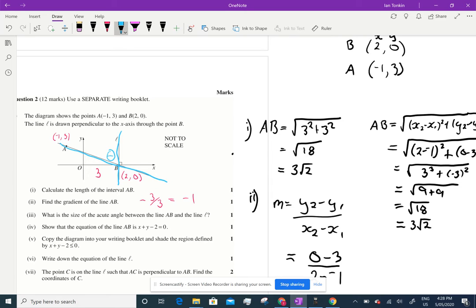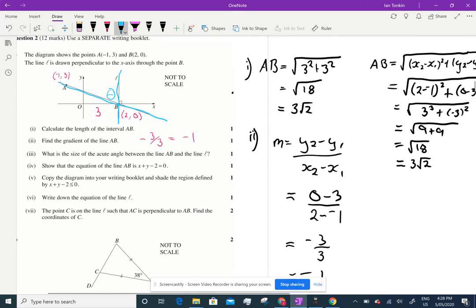Now, if I go inverse tan, I will get this angle, because inverse tan will give me the angle from the gradient, the angle with the x-axis.